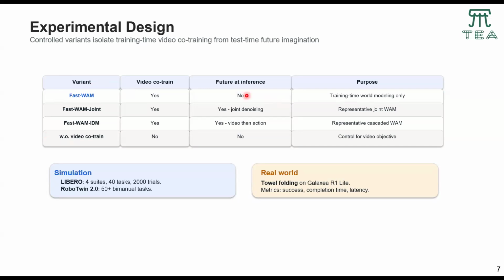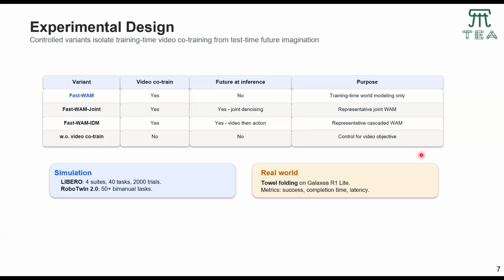Which means if test time feature generation is a key factor, then the Fast-WAM model should be much worse than the joint and IDM variants. And if video co-training is a key factor, then removing this co-training scheme should hurt the performance a lot.